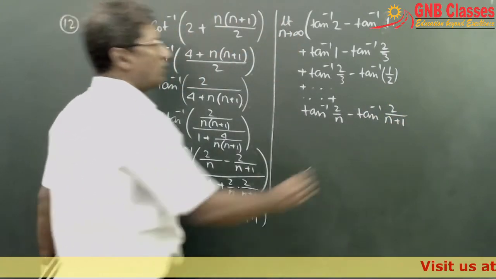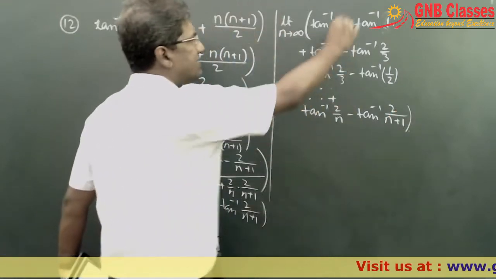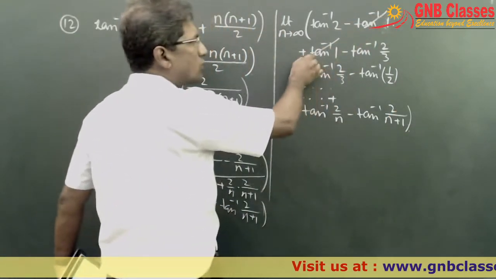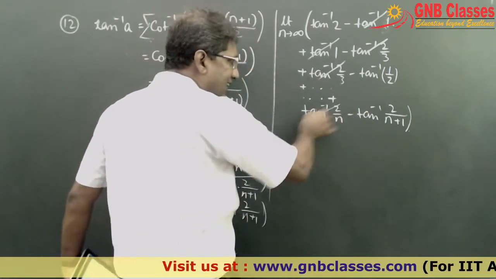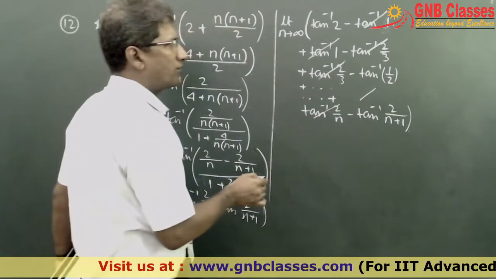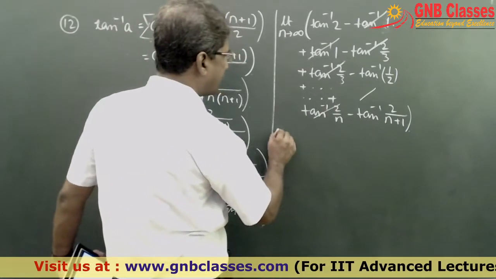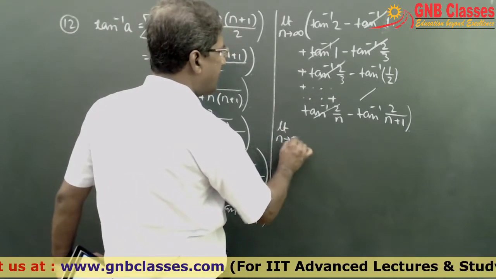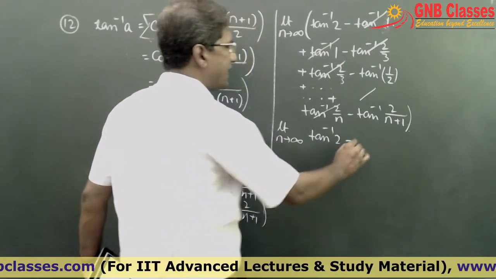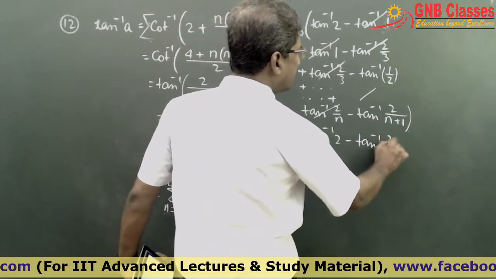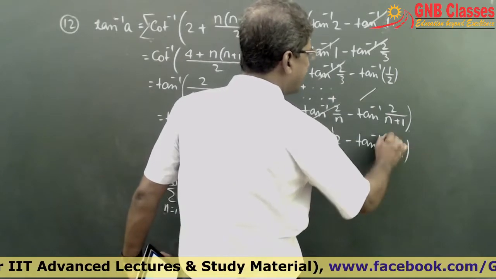Is it clear? Now, if you observe, you will find that this term goes off, this term goes off. So automatically this and the previous term will go off. We are left with limit n approaches infinity, tan inverse 2 minus tan inverse 2 by n plus 1.